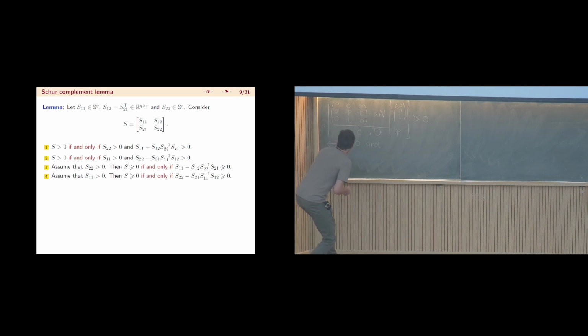So what is that? Well, I start again with the 1, 1 block, so P, 0, 0, 0, 0, minus P, minus L transpose, minus L, 0, minus alpha N, minus the 1, 2 block, 0, 0, L, P inverse, times the 2, 1 block, which is 0, 0, L transpose. And this should be positive definite.